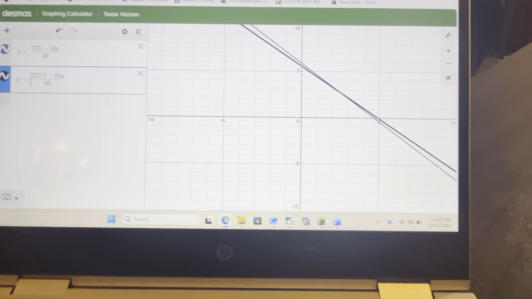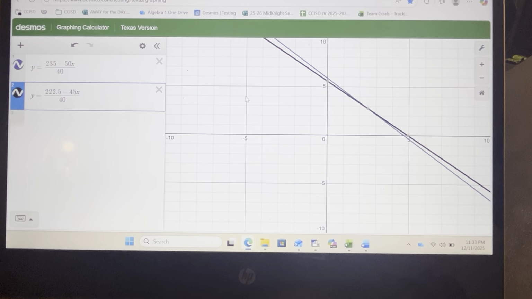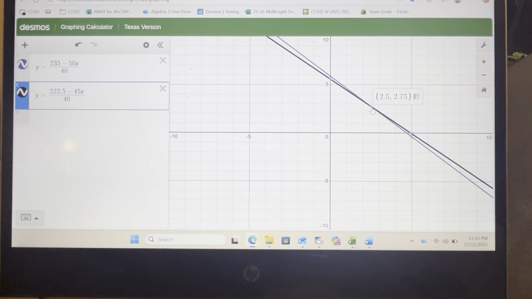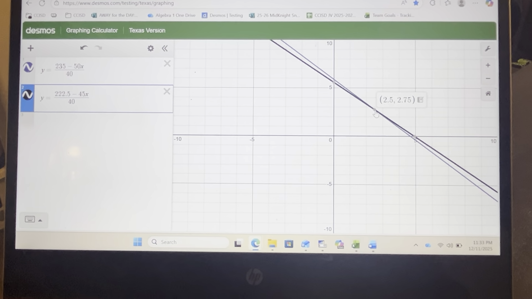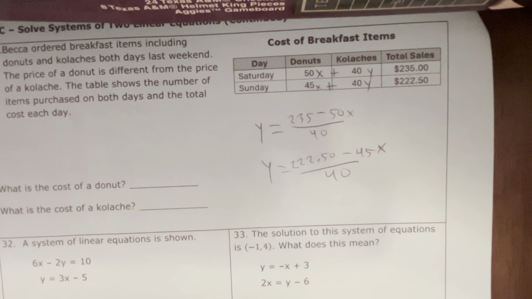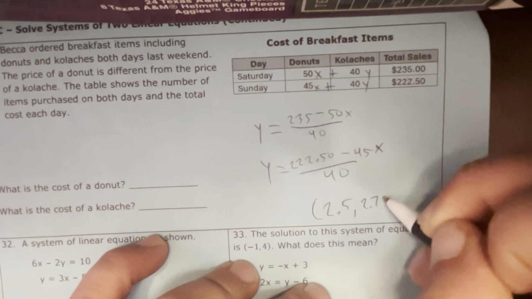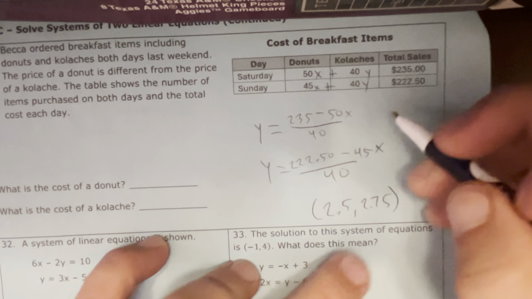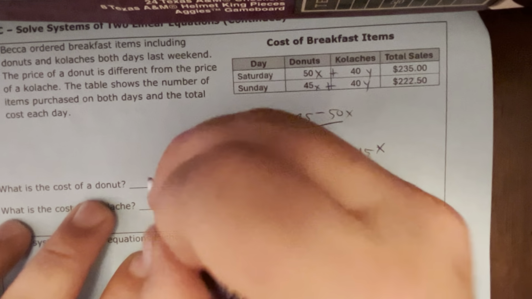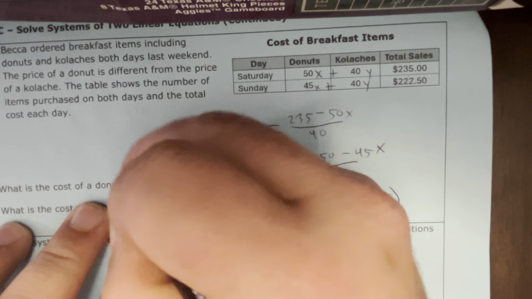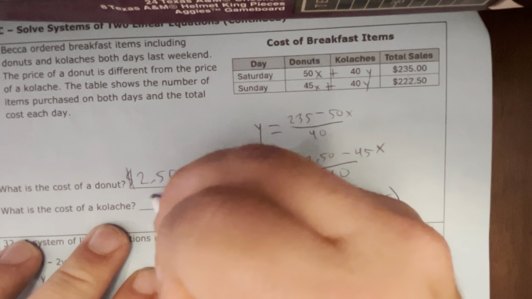Here are the 2 equations in Desmos. There's the gray dot where they intersect, 2.5, 2.75. The intersection point was 2.5, 2.75, where X was the donut and Y was the kolache. So the cost of a donut is $2.50, and the cost of a kolache is $2.75.